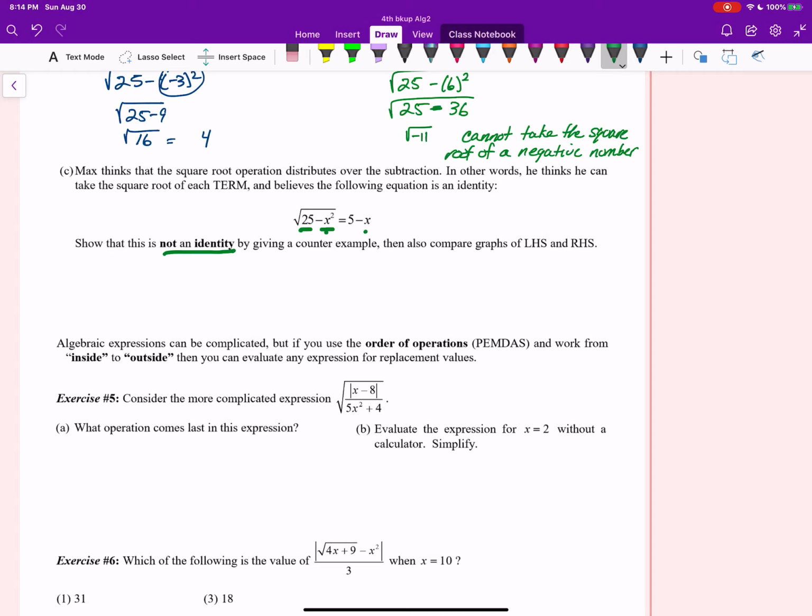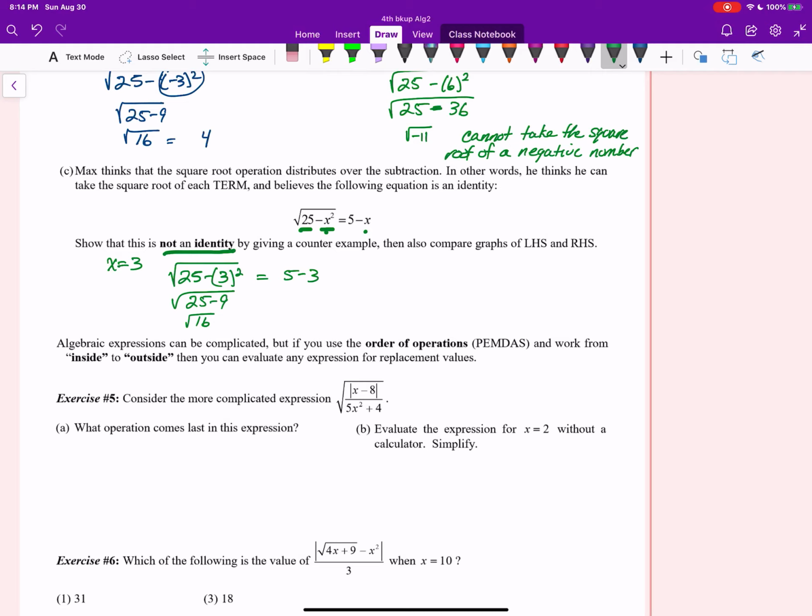So let's pick a value for x. I think I'll pick 9, or not 9, 3. I'm going to let x equal 3. The square root of 25 minus 3 squared. Does that equal 5 minus 3? 3 squared is 9. 25 minus 9 is 16.